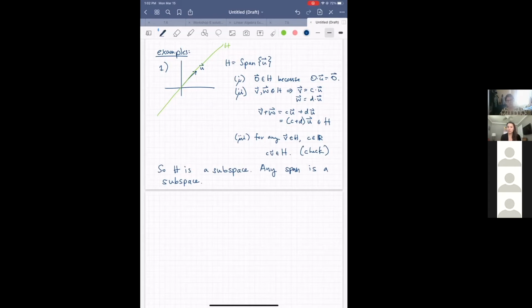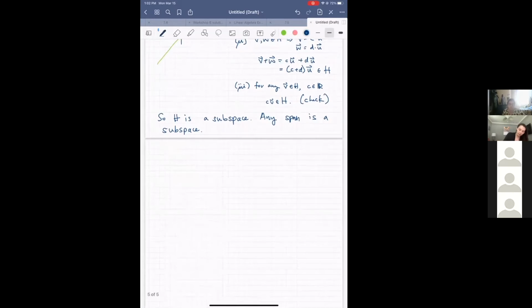So if we took any linear combination of vectors, it would be inside the span, therefore inside the subspace. And then we always get that the 0 vector is in the span because of this argument that we gave right here, that we can multiply by the constant 0 and get the 0 vector. So this is somewhat important. Any span is a subspace.